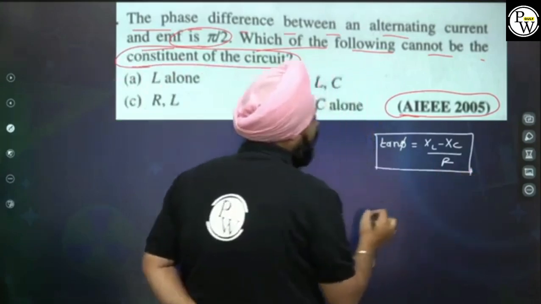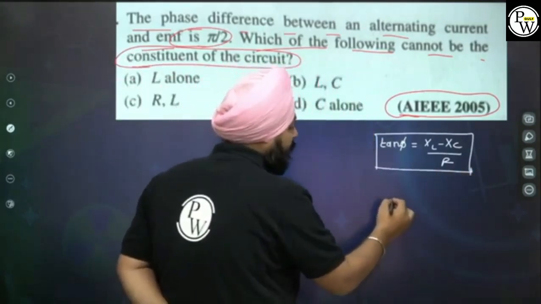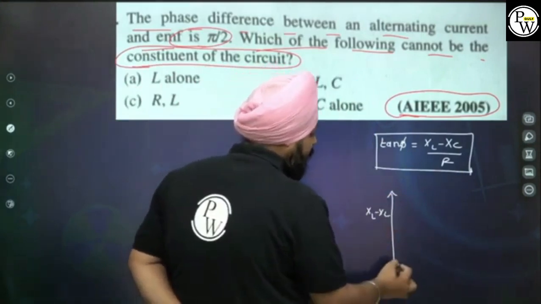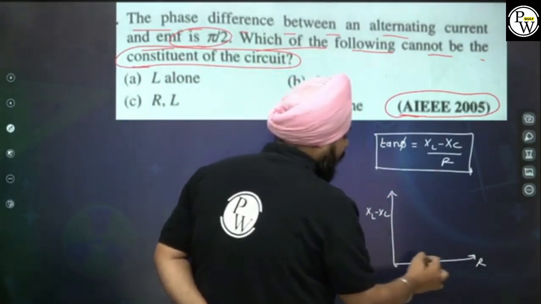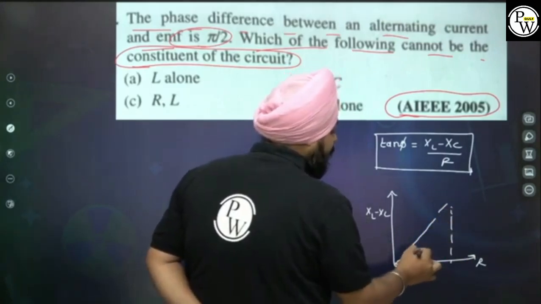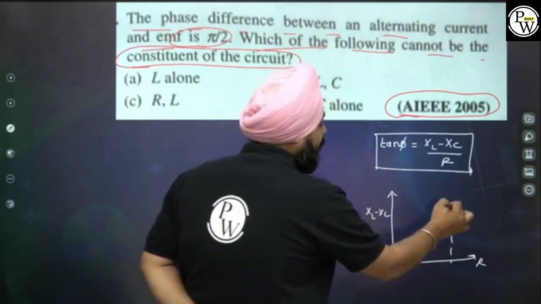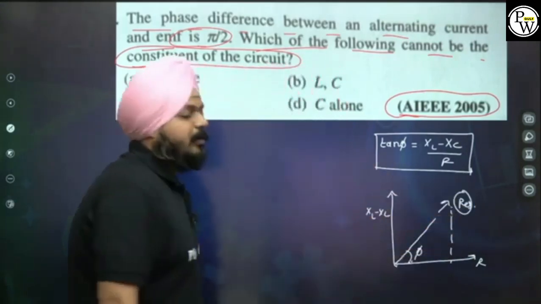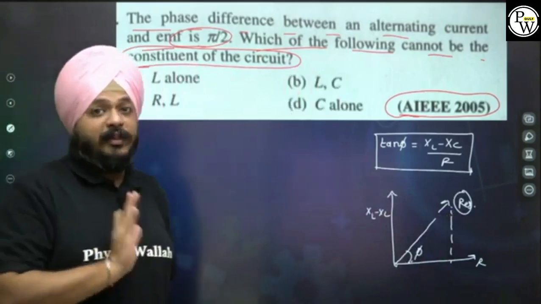How was it obtained? This was XL minus XC, this was R, and this was the resultant, and this was the angle that the resultant was making with R, with the positive x-axis. This thing we have seen in the phasor.